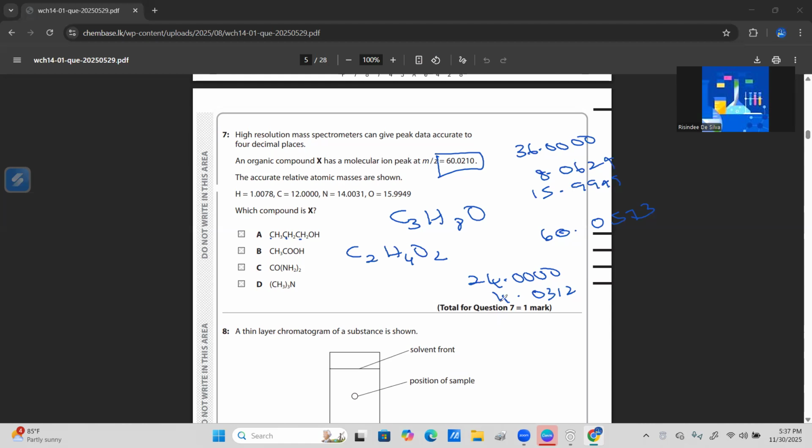Then 15.9949 into 2, which is 31.9898. Then if I add everything, I'm getting 60.021, which is exactly equal to the one they have given. So the correct compound is X. X is acetic acid. Answer is B.